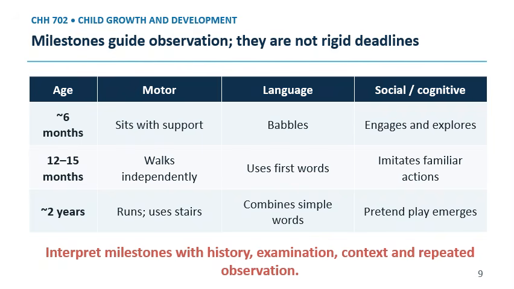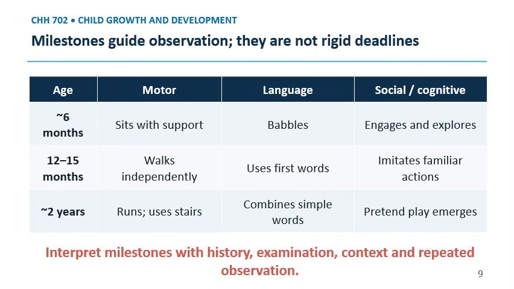At around 2 years, running, using stairs, combining simple words, and pretend play become increasingly evident. These are teaching examples, not a substitute for approved developmental surveillance and screening standards.